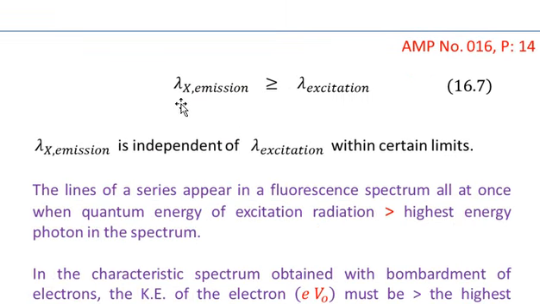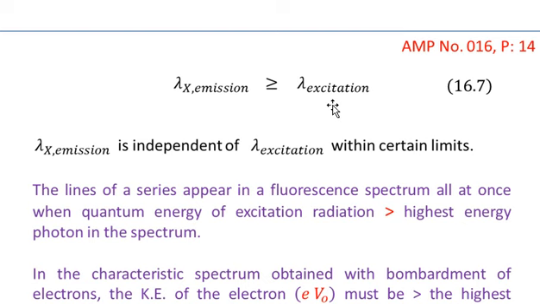So you see that lambda X, that is the X-rays which are emitted, is greater than or at least equal to lambda excitation. And this is only when the excitation is done through optical means. That is, you have a mixture in the gaseous form and you excite that mixture with, for example, a laser light.